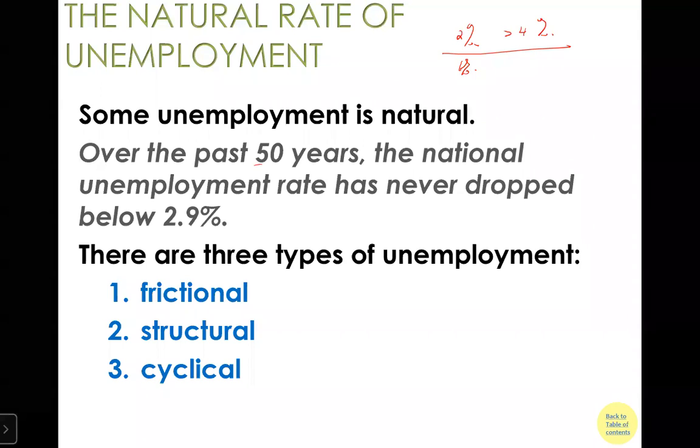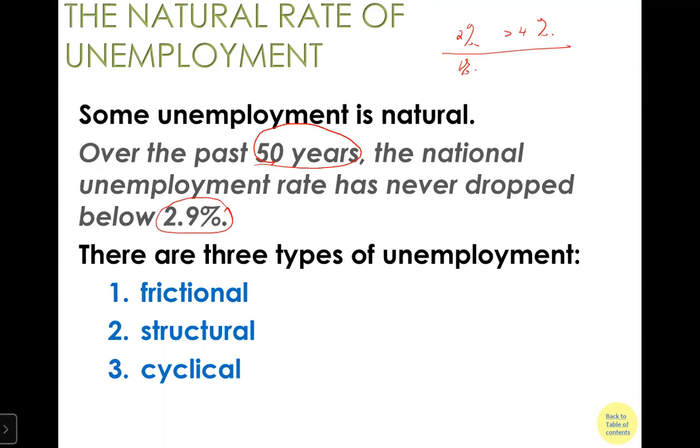Over the past 50 years, the national unemployment rate has never dropped below 2.9%. Okay? And this is a strong indicator that some unemployment is natural to the economy. It's something we probably have to live with.